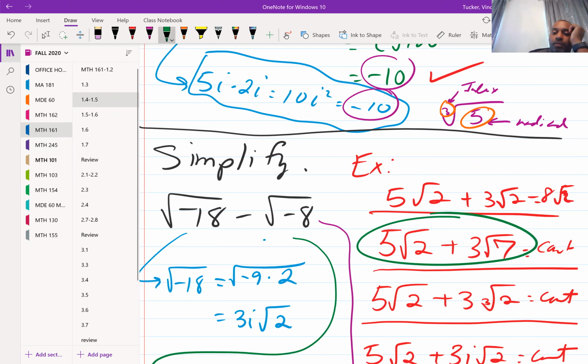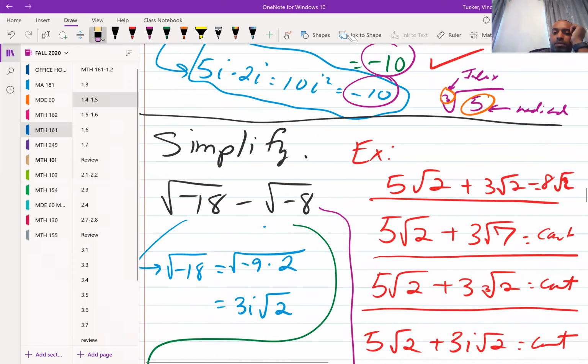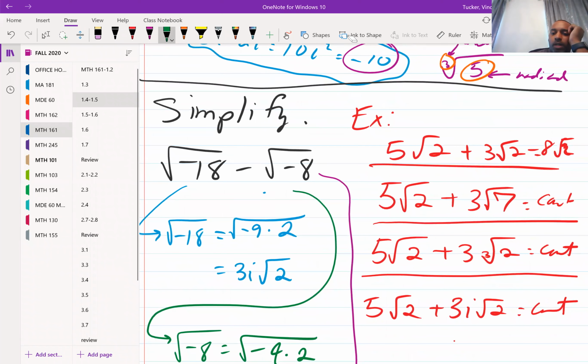Now in this next one, I have 5 square root of 2, 3 square root of 7. Since I have 2 under here and then 7 under here, I cannot add them together. All right. Next one, 5 square root of 2, 3 cube root of 2. Well, this time the indexes are different, so I can't add them together.